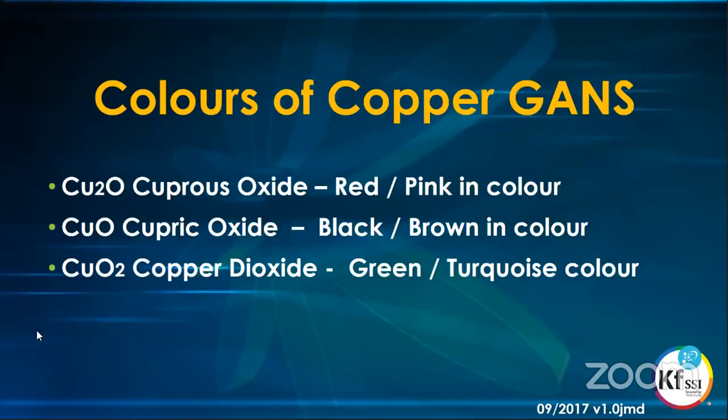And then your different colors of your copper GANs. Now, when people put a lot of high power through the plates in the beginning, that's when you start getting your red or pink color, or your black or brown color. It's because, as Sandor explained, your copper is so fast that it hasn't had time to attach with the oxygen. So you get your red, pink, or your black or brown.